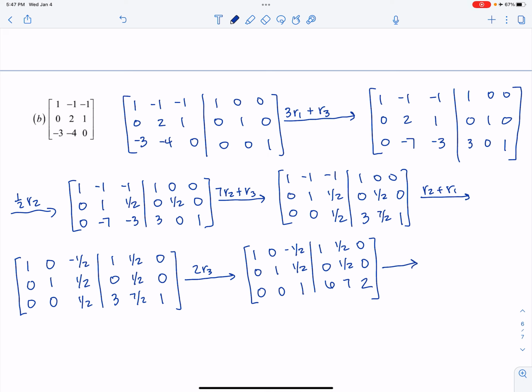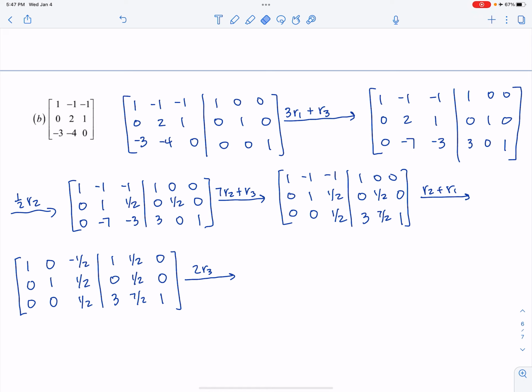And then, you know what? I'm actually going to save this for a minute. And instead, I'm going to do row 3 added to row 1 and negative row 3 added to row 2.